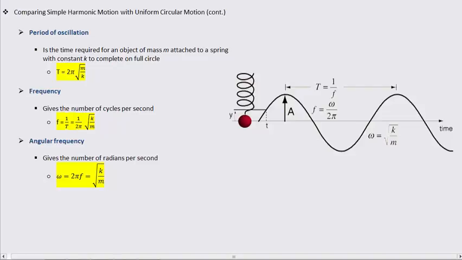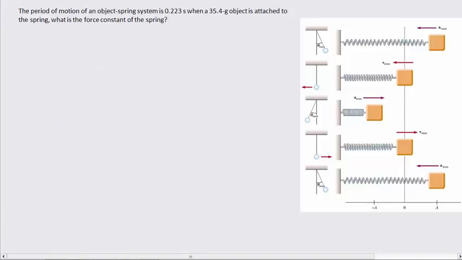So our angular speed is equal to 2 pi multiplied by our frequency, which is the same as taking the square root of our spring constant divided by our mass. When we make these calculations, it's important to remember that our calculators must be in radian mode and not degree mode. So knowing this, let's look at our first example.